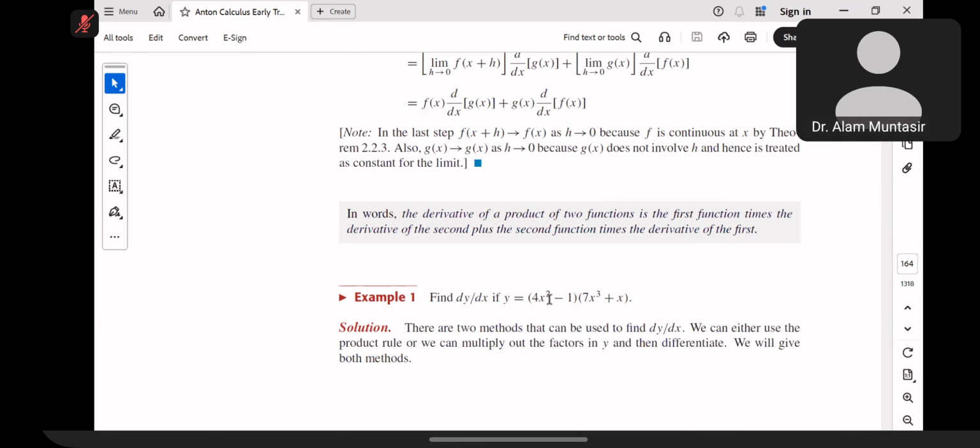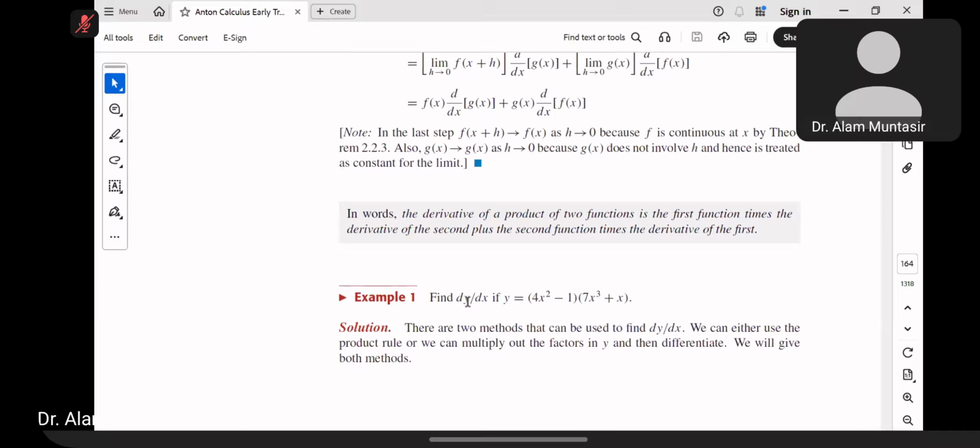This is an example. Example 1. You can solve the differentiation using the product rule. The first function is f, which is 4x squared minus 1.